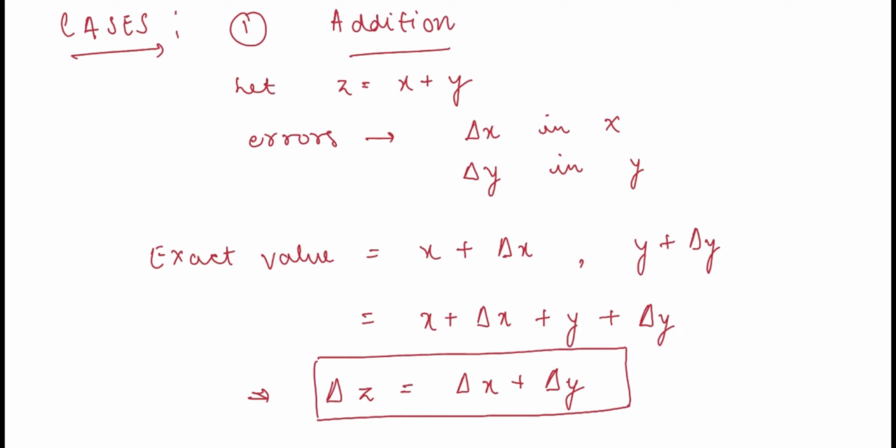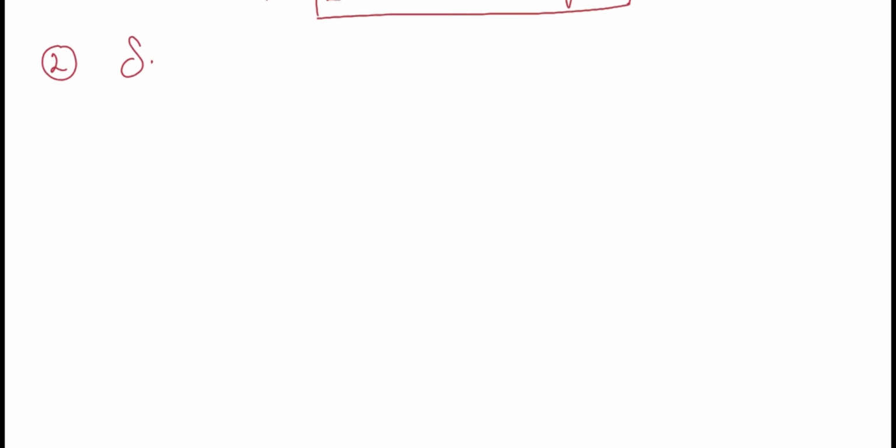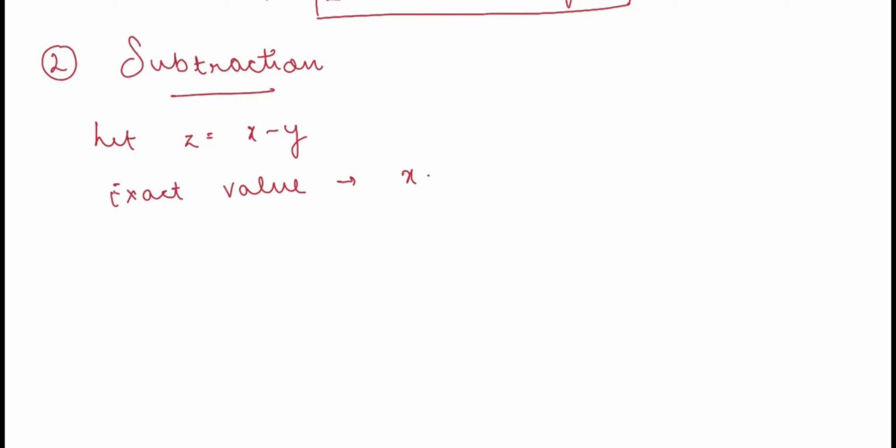When we add two quantities, each quantity carries its own uncertainty. Since both uncertainties contribute to the final result, their absolute errors add. Now comes the second case, that is subtraction. Suppose z is x minus y, so the actual value becomes x plus delta x minus y plus delta y.